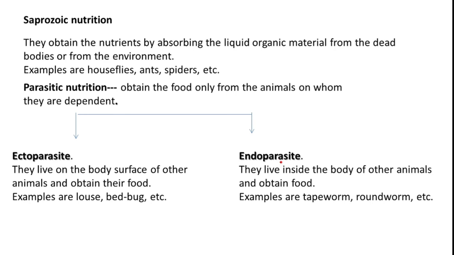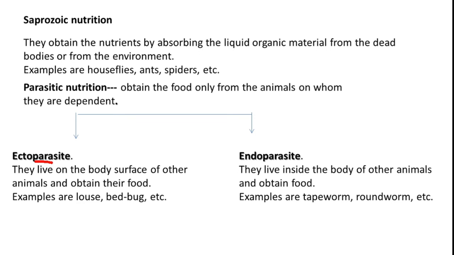Some animals live on the body surface of other animals and obtain their food by sucking their blood. This is called ectoparasitic nutrition. And such animals are called ectoparasites.